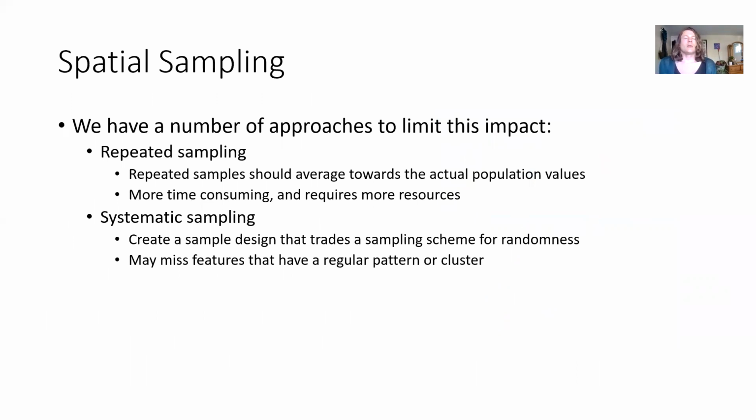We have a number of approaches to limit the impact of this. We can do repeated sampling. So theoretically, if you repeat a random sample over and over and over again, you'll get a lot more samples and it'll be more representative of the entire population. The downside to this is that it's more time consuming and it requires more resources.